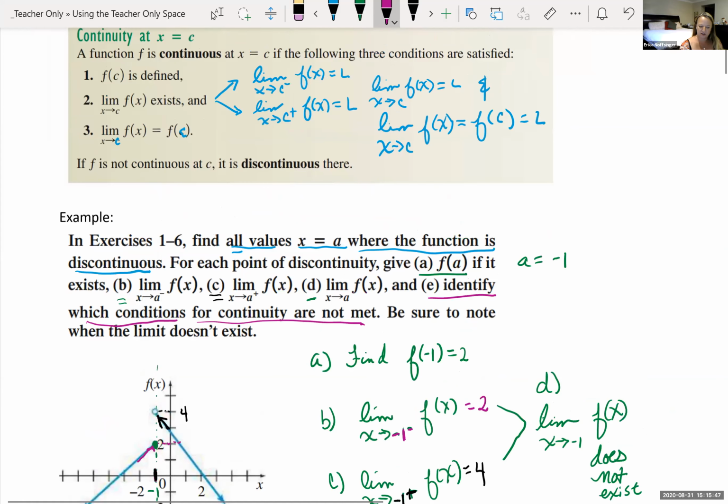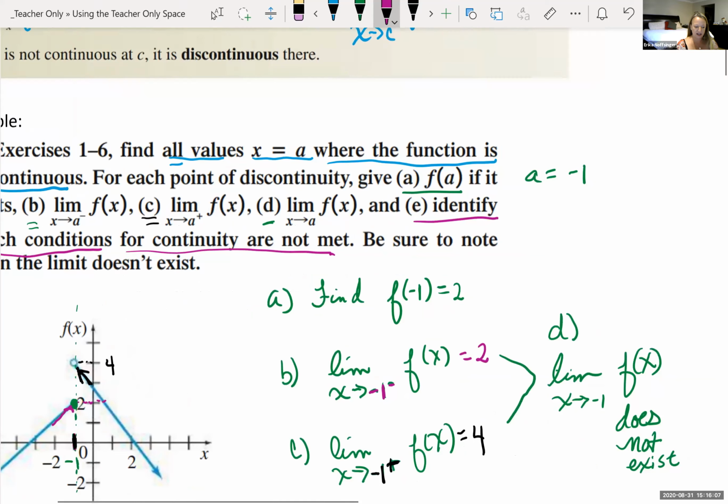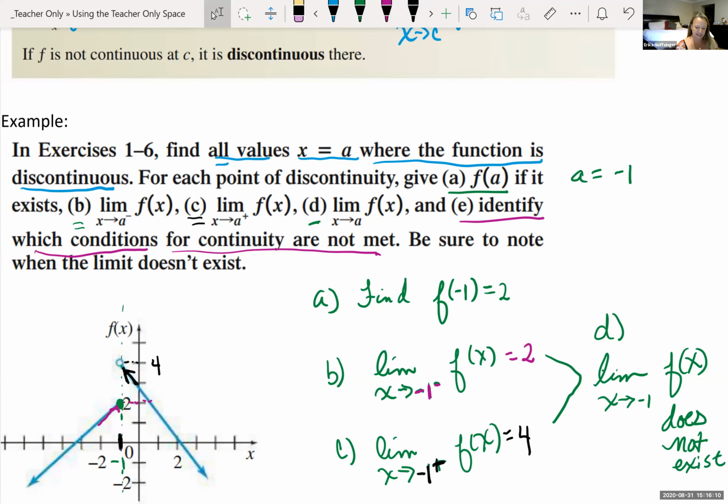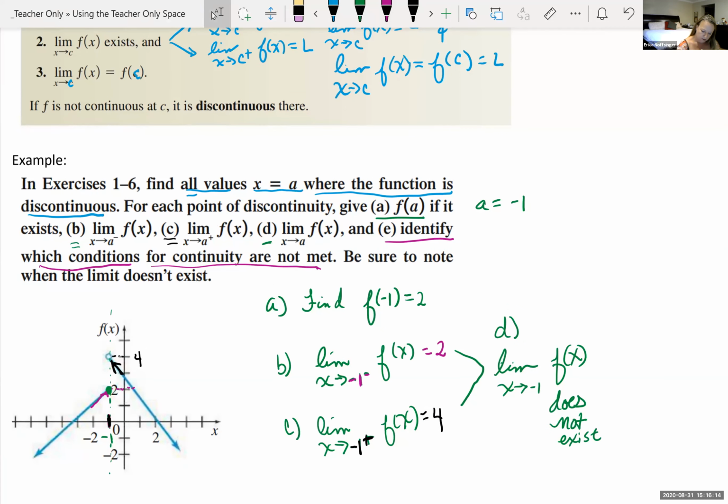Okay, so we showed that it was defined. f of c was there, f of -1 in our case. Did the limit exist? Well, left and right exist, but they were different, so the limit actually did not exist as you approached it. And so that is the condition that did not hold. Okay, so this needs to hold.